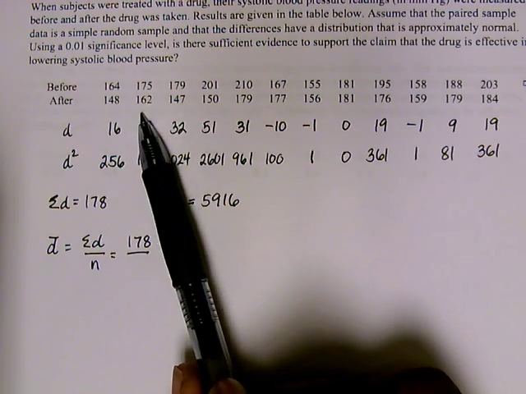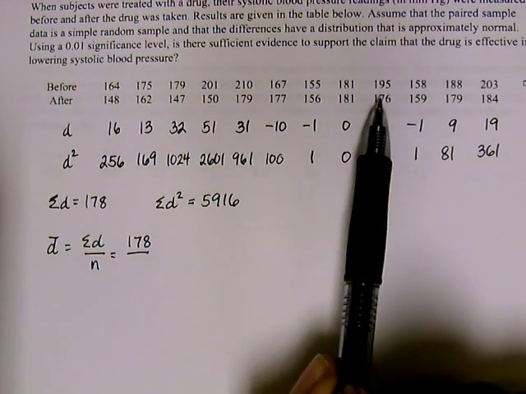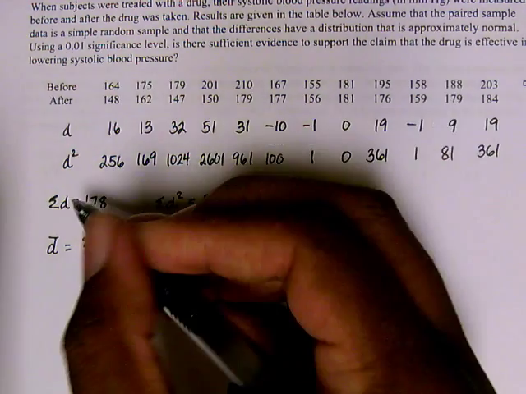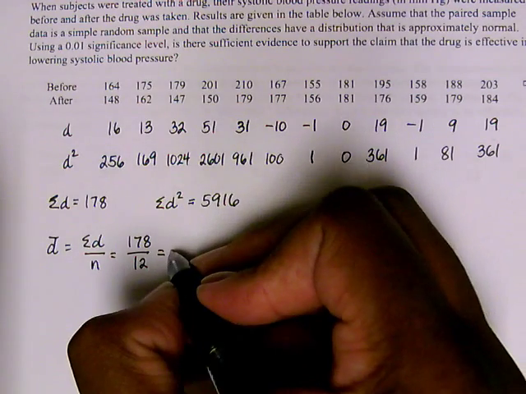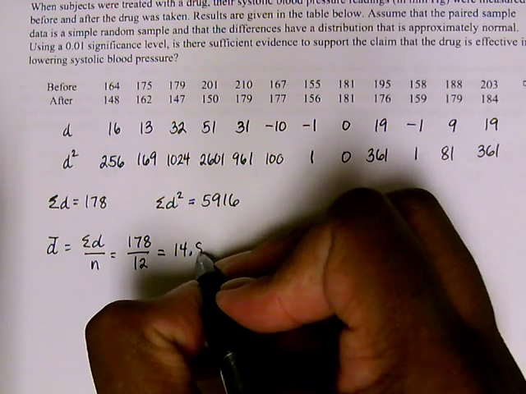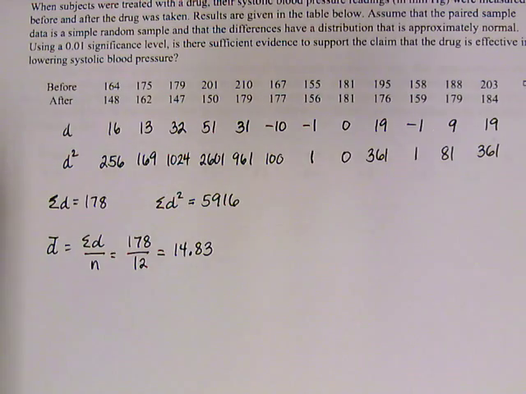In this case, there are 1, 2, 3, 4, 5, 6, 7, 8, 9, 10, 11, 12, 12 data values. So take 178, divide that by 12. Now I'm saying two decimal places, 14.83. So the mean of your differences for this sample is 14.83.